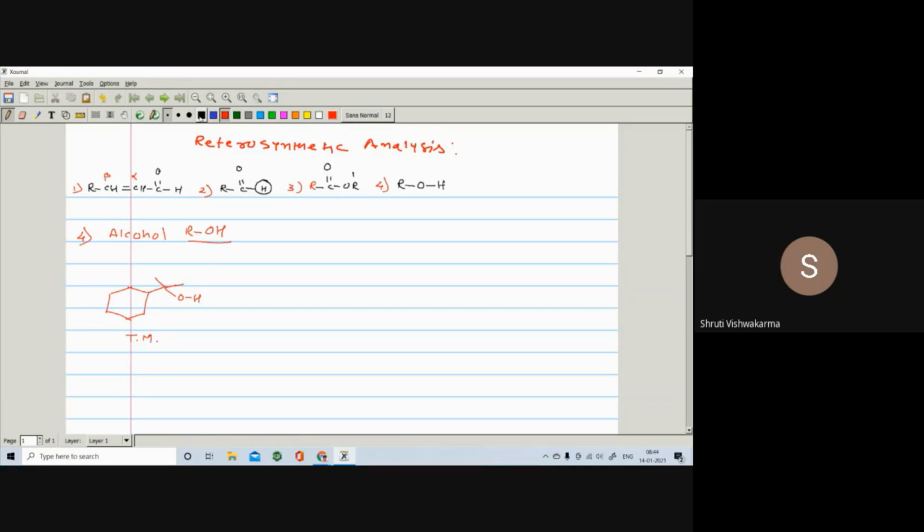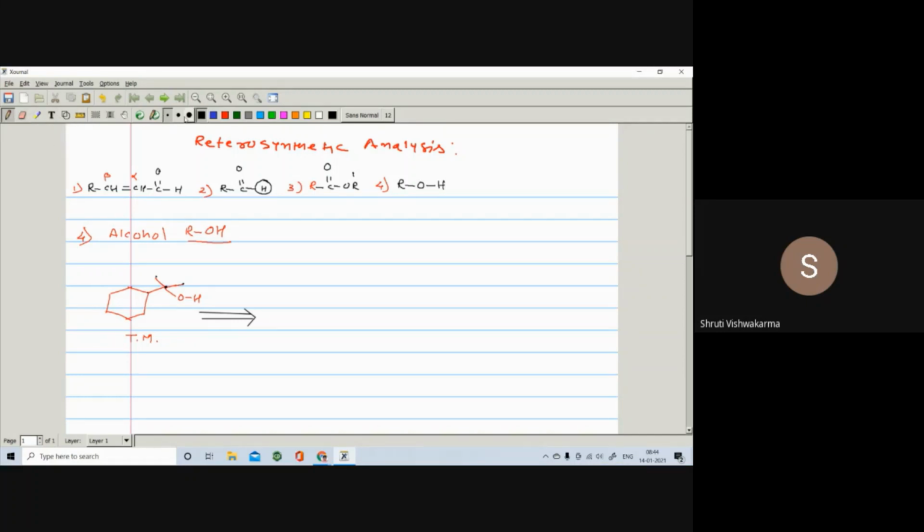The disconnection of alcohol we have seen already. What is the nature of this alcohol? This carbon is directly attached to only three carbons, so it is a tertiary alcohol.